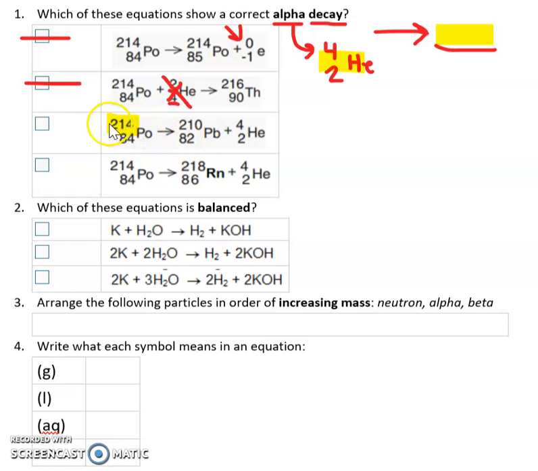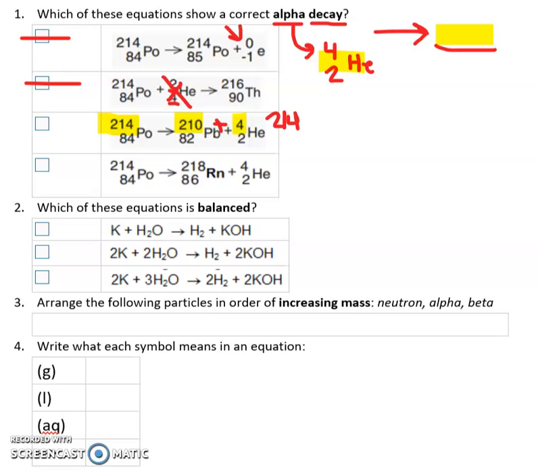So 214, I have total mass number on the reactant side. And then I have 210 plus 4. 210 plus 4 is 214. So 214 on the product side is equal to 214 on the reactant side.